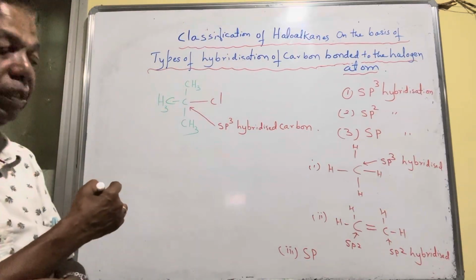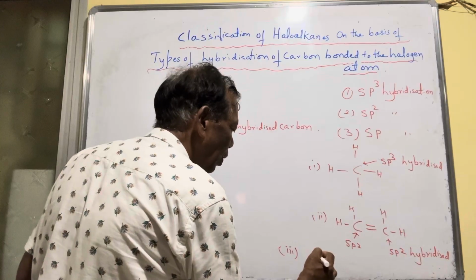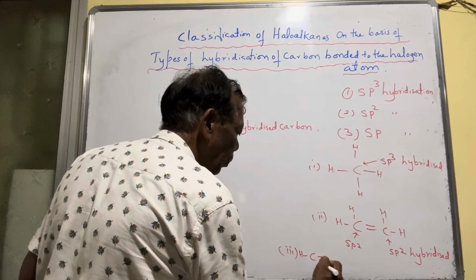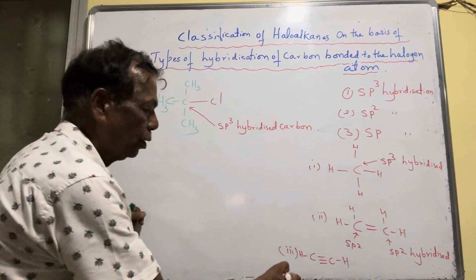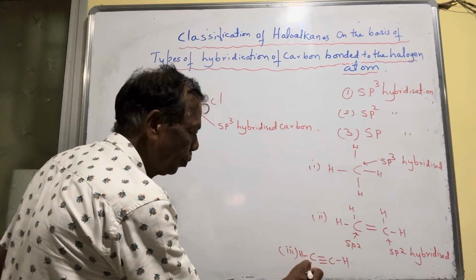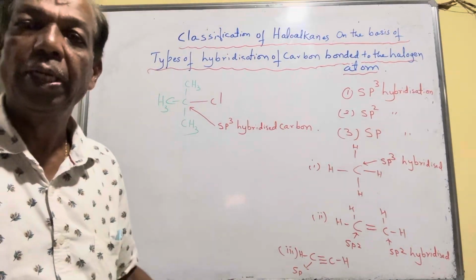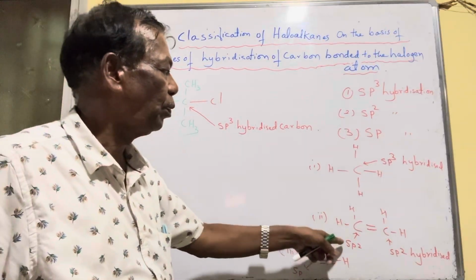So here in this case, say we have the carbon, okay, we have here carbon which is say H, triple bond with carbon and H. Now in this case, this is called sp hybridized.